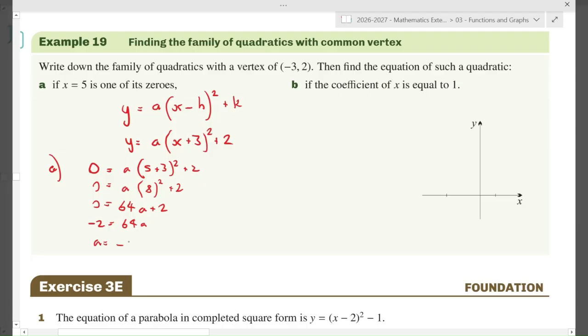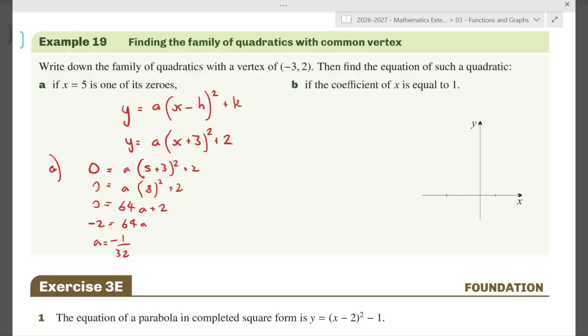I'm trying to write it and I'm struggling. Minus 1 on 32. So all we did was sub in the x and the y and solve for a. Then sub it back in.